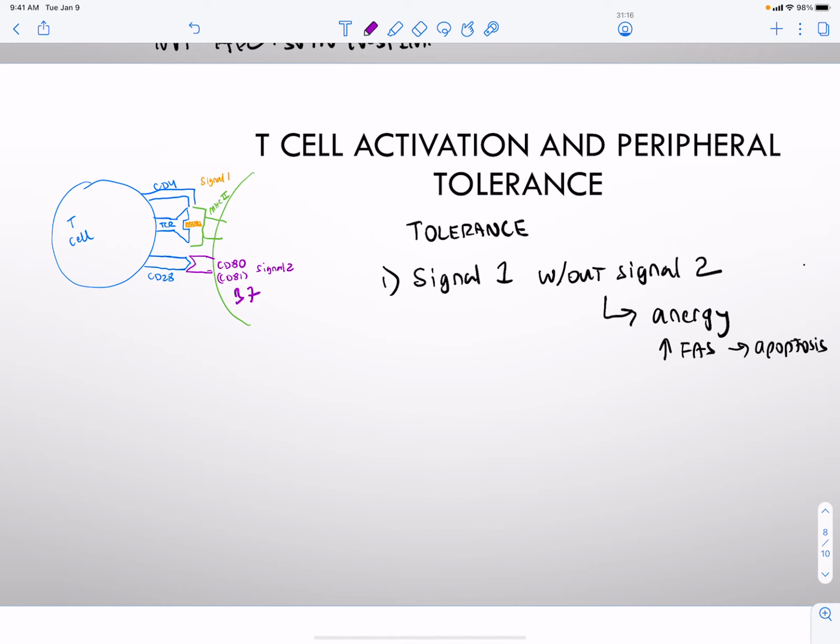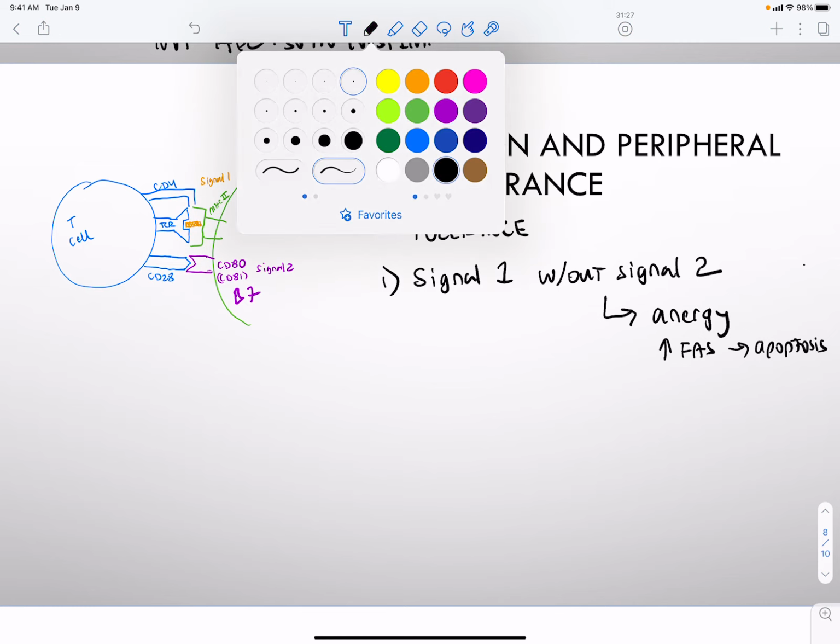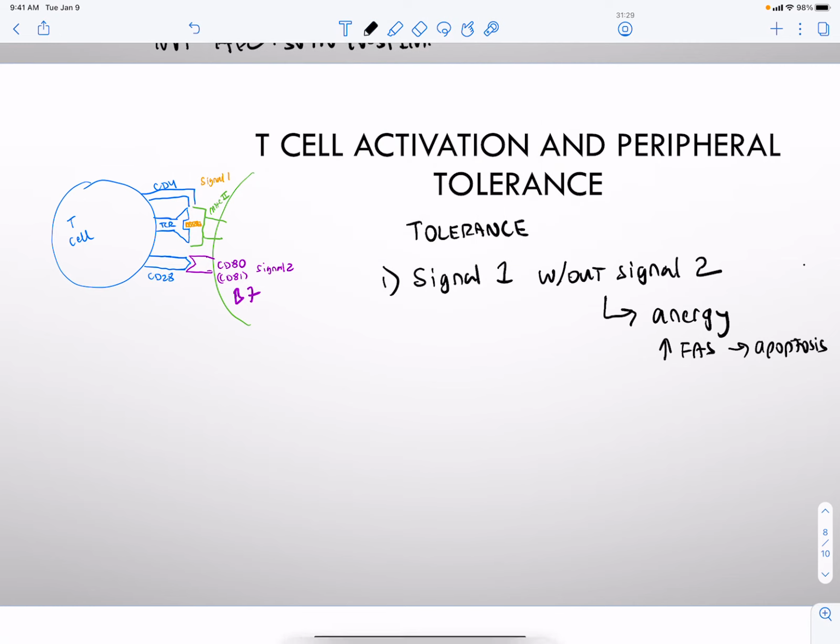There's no B7 or CD80 signaling. You don't get that signal 2. That T cell needs to be deleted, and it gets deleted through apoptosis by becoming anergic. Now, something else can happen. You can get signal 2 without signal 1.